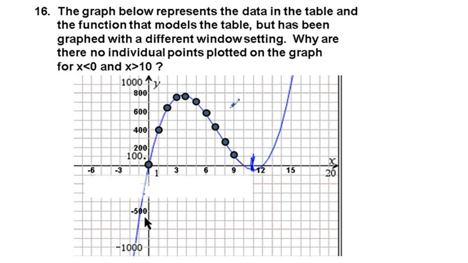Okay, here's x equals 10, right? And over here we have x equals 0. Well, why do we only go between 0 and 10?